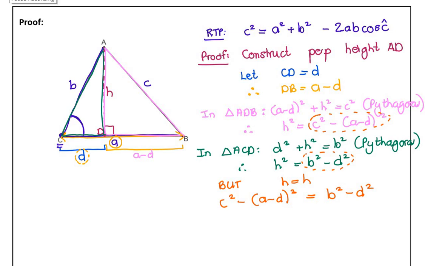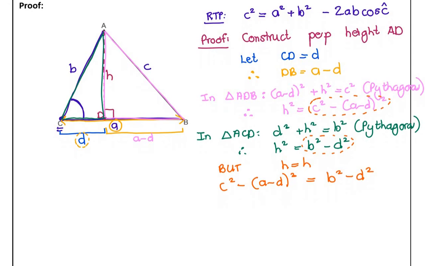Now that's kind of looking like where we're going. There's a whole bunch of squares and stuff. And now I'm just going to do a whole bunch of multiplying out and collecting up like terms. So if I look at the left, this is c squared, my bracket, if I square, would be a squared minus 2ad plus d squared, and that's going to be b squared minus d squared.